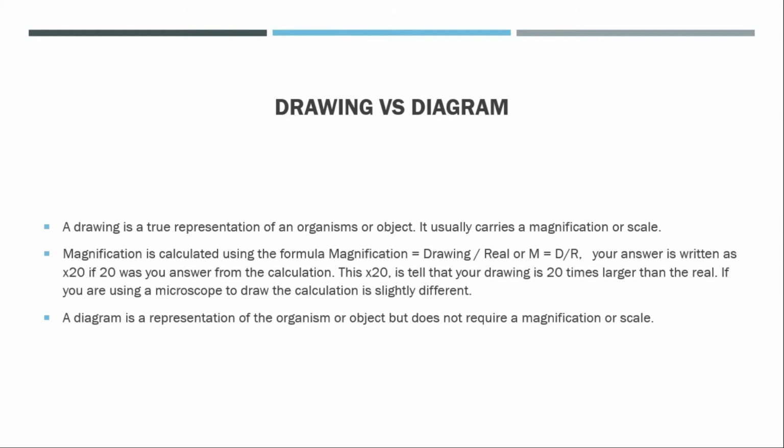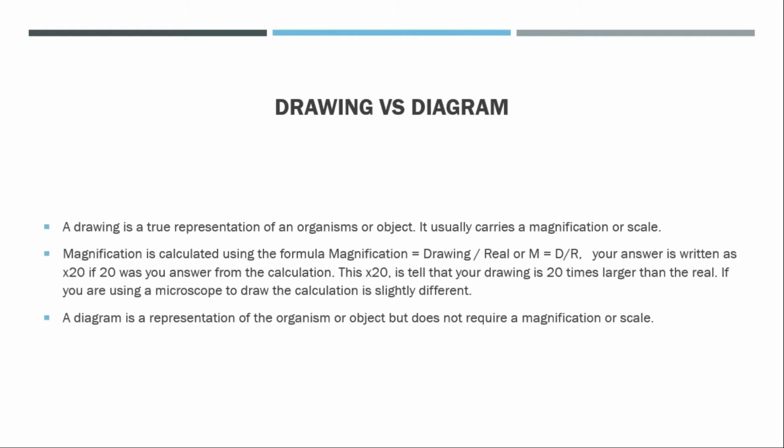Now, to calculate your magnification, what I love to call it is: magnification equals drawing upon real. So whatever you drew divided by the specimen, and we're talking about length here. So the length of a thing, given that the thing is proportionately drawn, the length of the drawing divided by the length of the specimen, keeping in mind the proportionality.